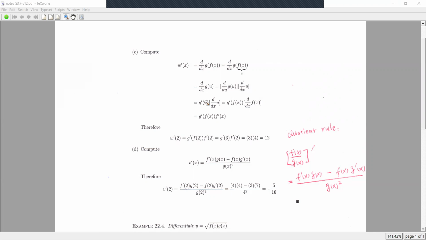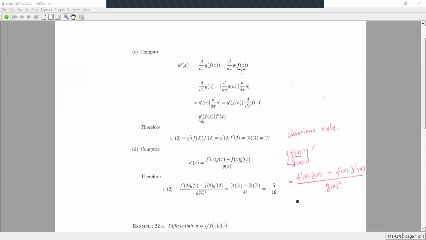Now, remove u by plugging in f of x. Then we have this equation. The derivative of the function f with respect to x in other notation is f prime of x. Then this is the result of the derivative of function W.